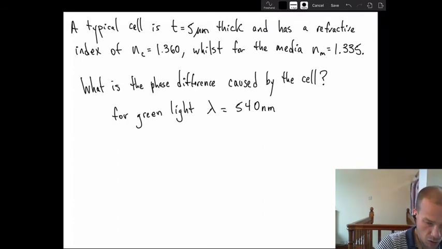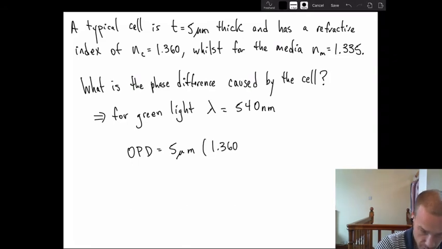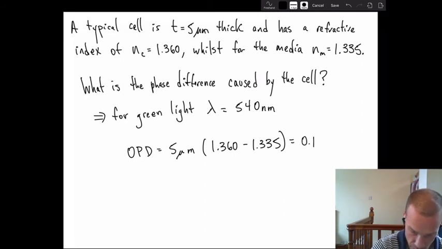Okay, so then we'll just plug that into our optical path difference equation. So we have OPD equal to 5 microns times 1.360 minus 1.335. And that leads to an optical path difference of 0.125 microns, or the same as 125 nanometers.